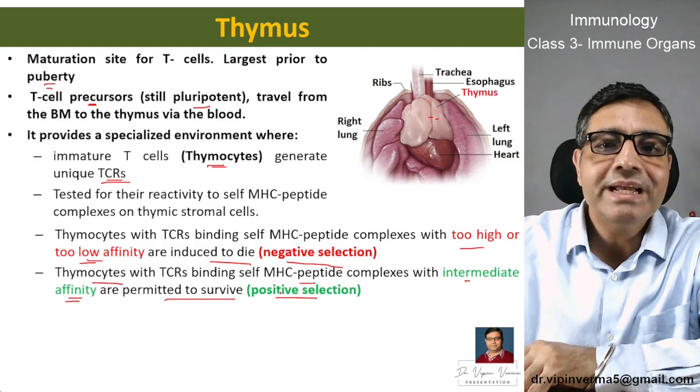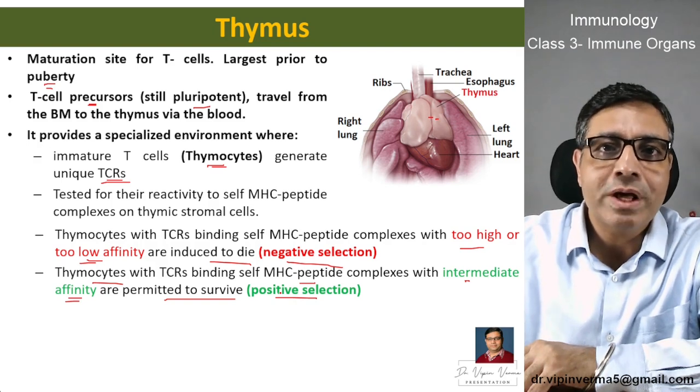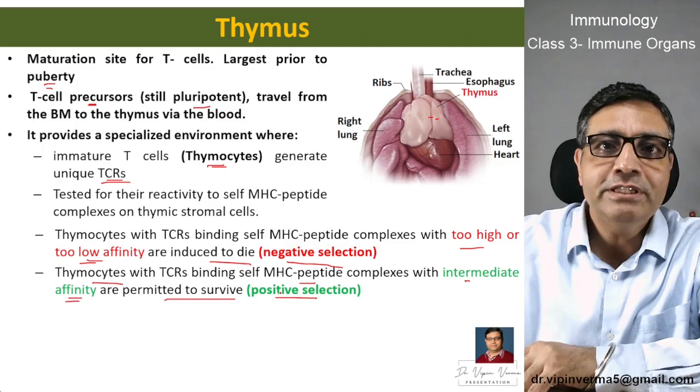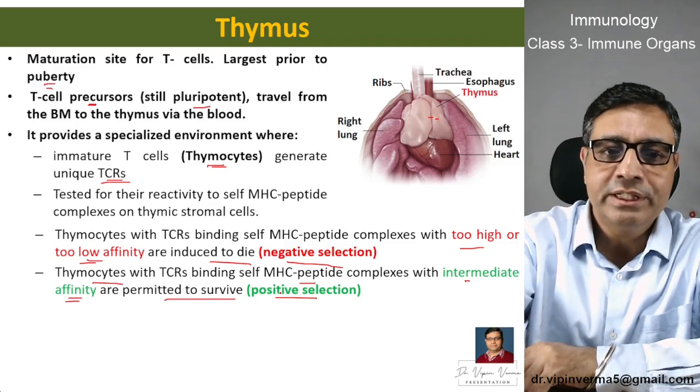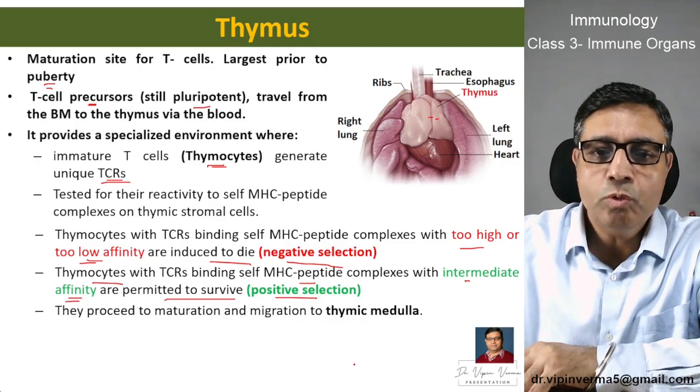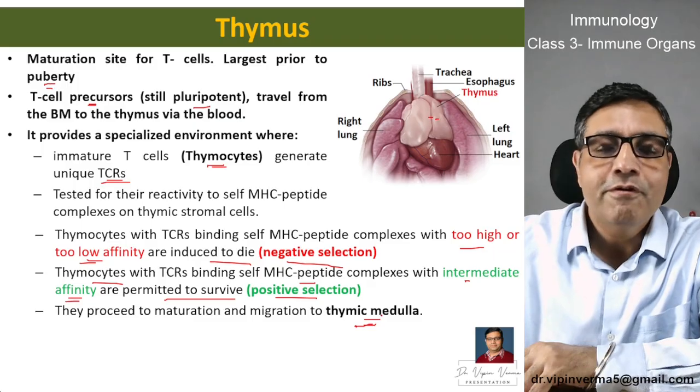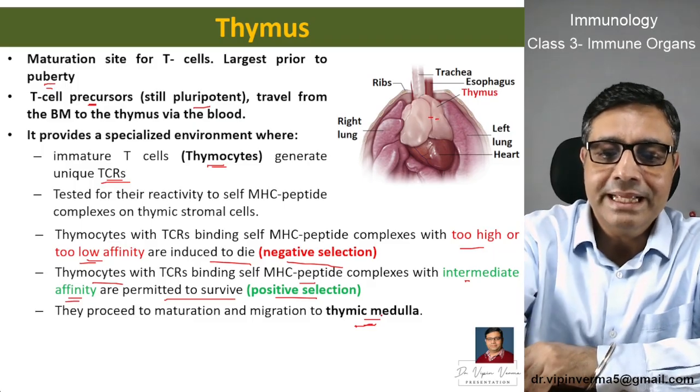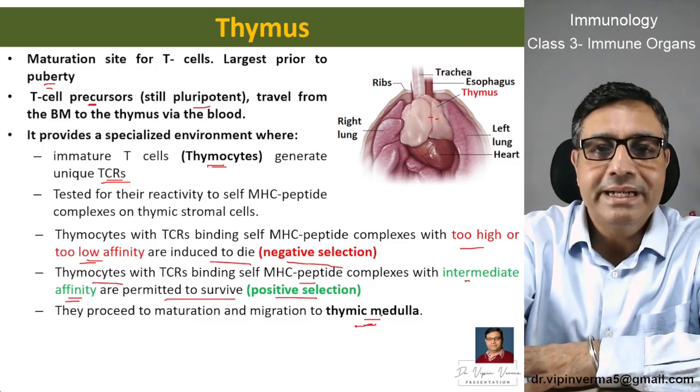So this positive and negative selection helps to narrow down the cells which will be in our circulation. They proceed to maturation and migration to the thymic medulla. The thymic medulla is the part of the thymus where they finally go, and then they migrate.